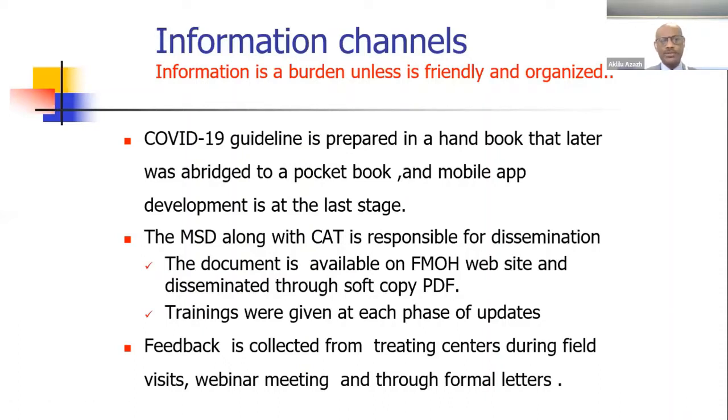But the problem is, initially feedback was not collected, but later on, they learned from experience, and feedback is collected from treatment centers during field visits, webinar meetings, and also by asking through formal letters.